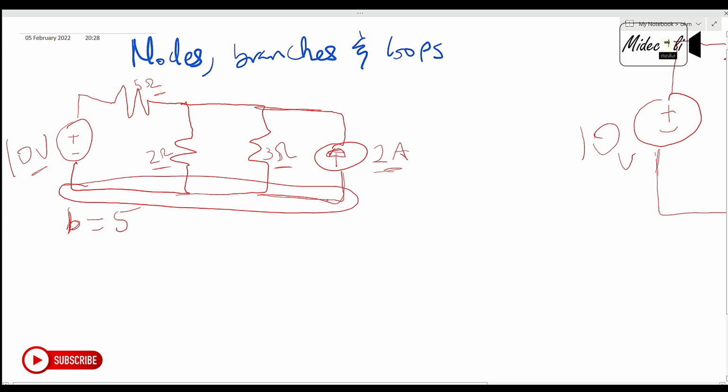I know some of you might be saying, this is a node, this is a node, this is a node. Yes, you're correct, but they are all on the same path, so that's why we've circled them all together as one, and we are going to refer to it as our reference node by putting this ground symbol. Reference node is equal to 0.